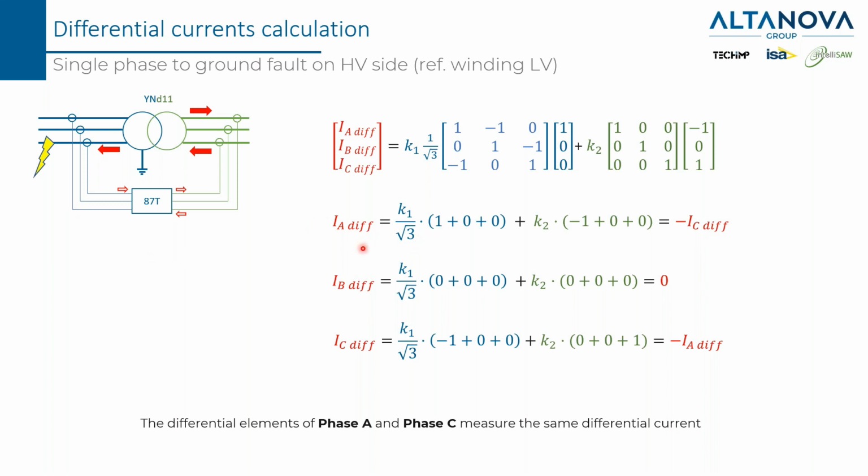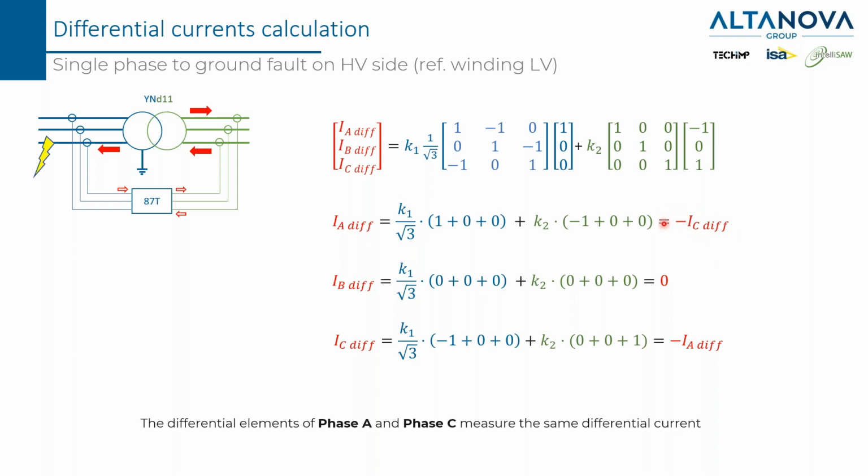And it is clear why the second differential current is present, because we have current in phase A and current in phase C. In particular, if we go through all the passages, we will find that we have differential current A that is equal to differential current B, but with an opposite direction.